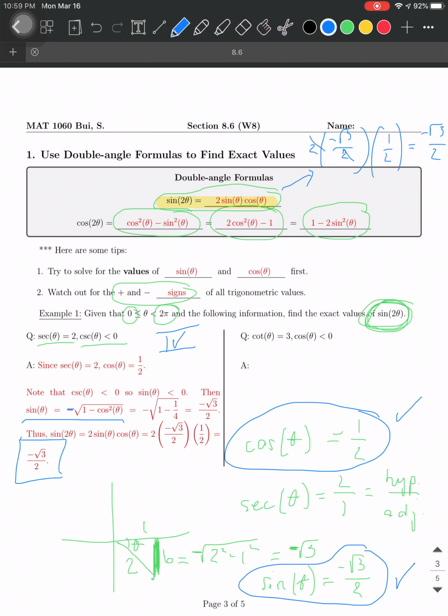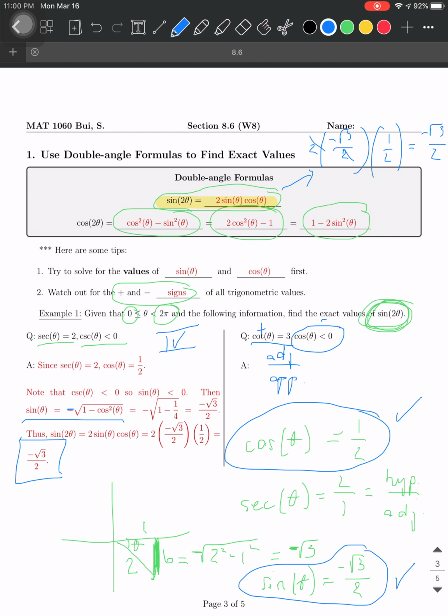Okay, so I want you guys to try this example by yourself at home. Cotangent, just a quick recall in here. Cotangent is the reciprocal of tangent, and tangent, SOHCAHTOA, tangent is opposite divided by adjacent. So cotangent should be adjacent divided by opposite. Then we have cotangent positive, cosine negative.